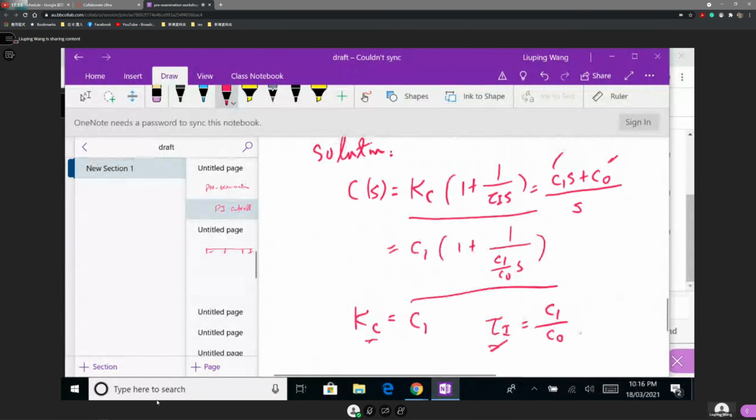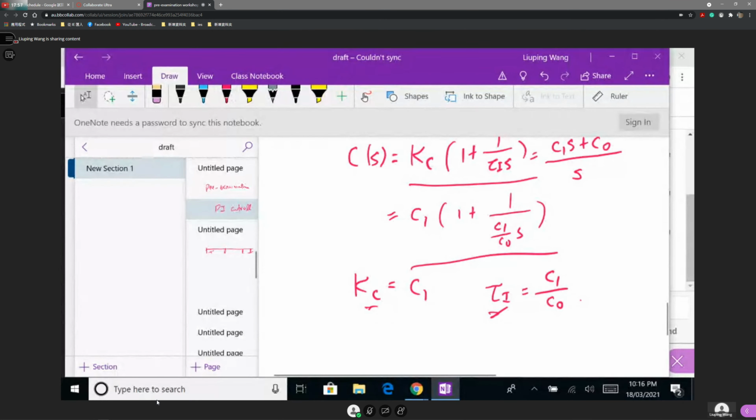So my first step in the design is to find C1 and then C0.